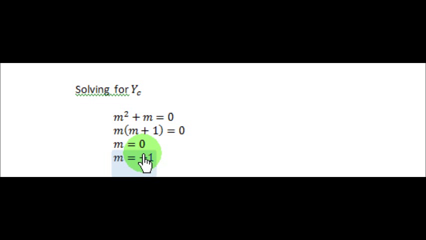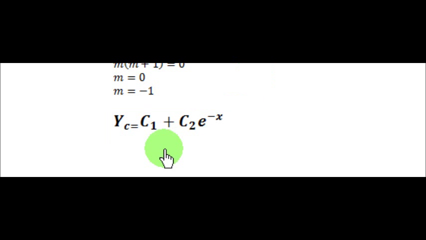So we now have two values of m that are not equal, so real distinct roots. So our yc will now be equal to c1 plus c2 e to the -x.